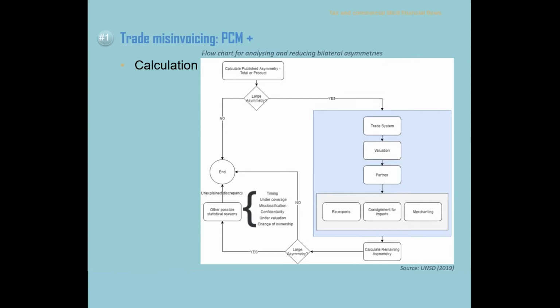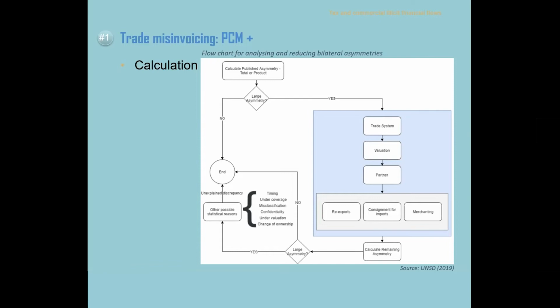And then check for other asymmetries: timing, under coverage, misclassification, and so on. And when you account for all of this, then you're left with the unexplained discrepancy, which could be attributed, by assumption in this method and all the processes, to illicit financial flows, so trade misinvoicing.